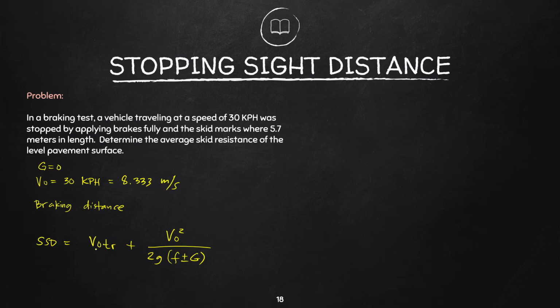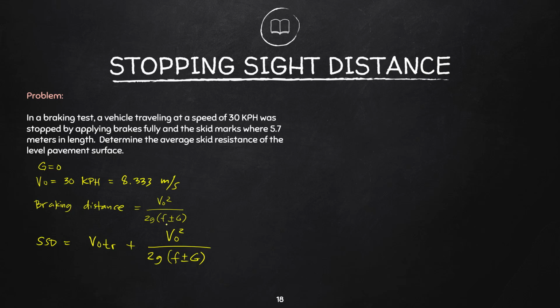So this will be equal to 0 because that is not considered. Or let's just say that the braking distance is equal to V₀ squared over 2g times f plus or minus g. That is, of course, if you are going to use friction.